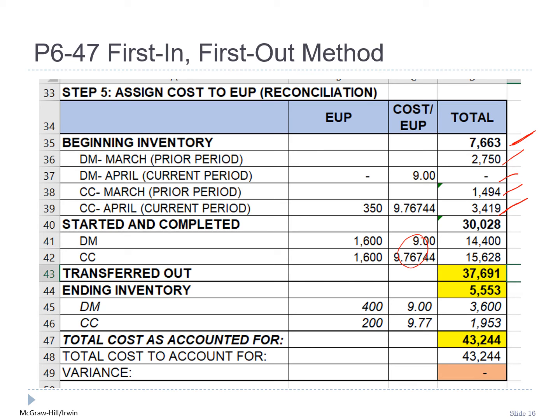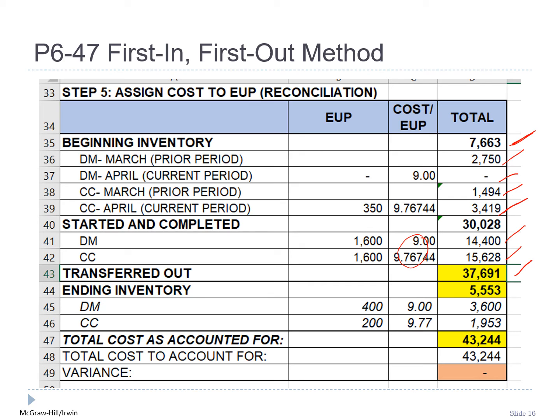So, direct materials, 1,6 times 9. So, that's 14,400. 1,6 times 9.77. That's 15,628. So, if we add these two, ang cost nung started and completed, 30,028. Ayan. So, if we add 30,028 tsaka 7,664, that will give us 37,691.